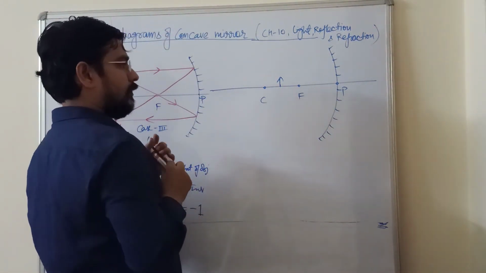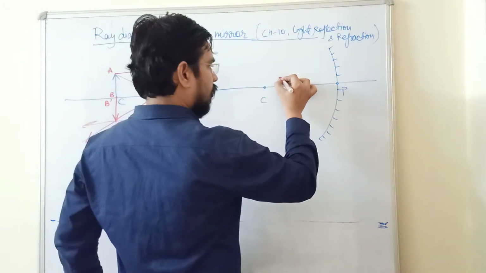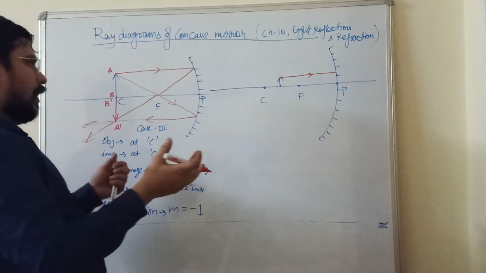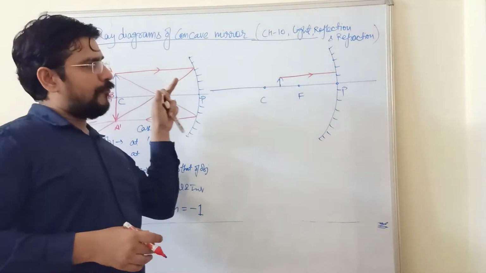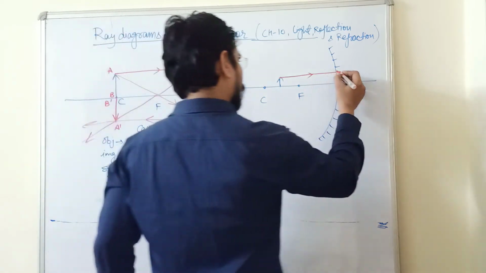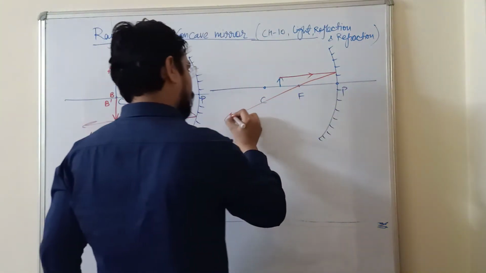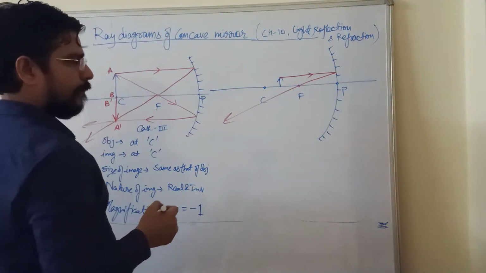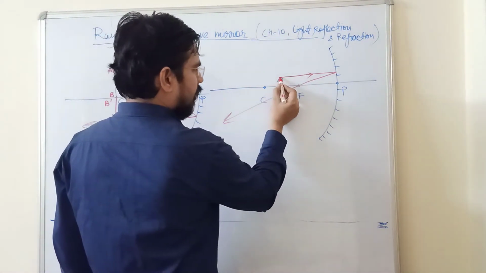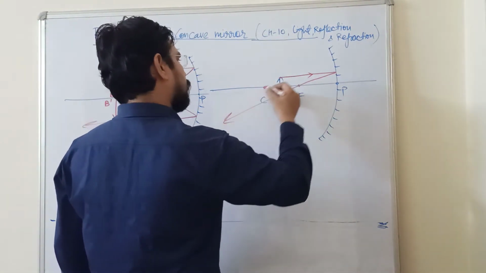So here we can apply the first rule, a parallel ray of light. Till now you are observing that the first rule is the same, the first step is the same: a ray of light which is parallel to the principal axis passes through the focus after reflection. The second rule you can apply, a ray of light passing through the center of curvature.